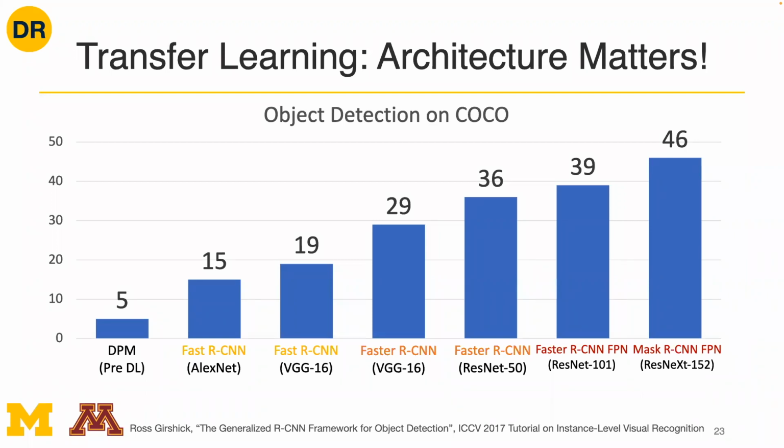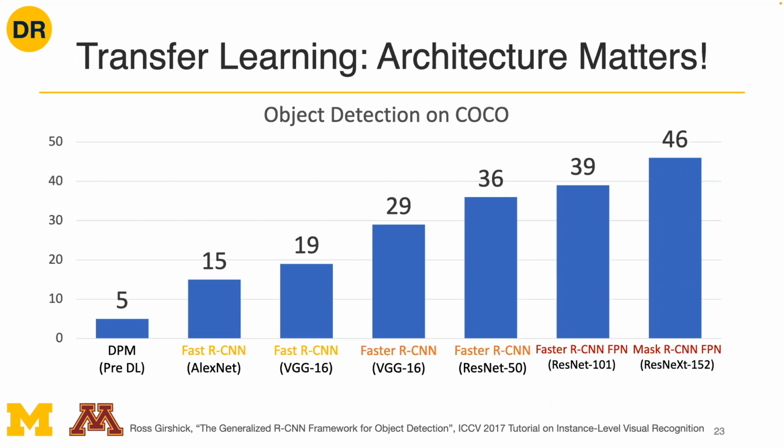Before deep learning, the deformable parts model gave around, let's say, 5% accuracy on detection on COCO. By using Fast R-CNN, the framework that they proposed, which uses AlexNet, you get a bump of 10% in accuracy. And when we start using a better backbone, which is VGG16, you get much more performance. Then came the newer architecture, Faster R-CNN, which is a different framework for object detection, but it uses VGG16 as its backbone.